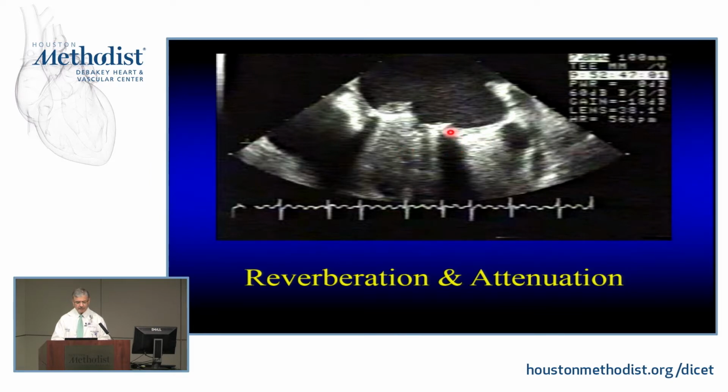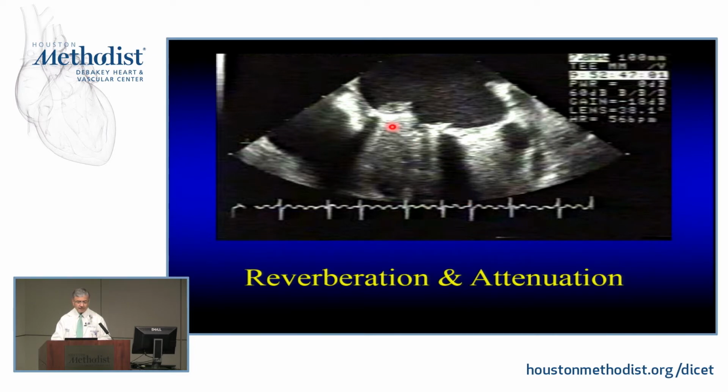Attenuation is when the reflection of this, and this is a prosthetic valve here with a thrombus on top of it, and this is where the suture line and the ring is. And if the reflection is incredibly strong, right, it will reflect all the ultrasound, so nothing goes through, nothing is refracted. Remember, you have to depend on the refraction to see beyond it. If nothing is refracted, I'm not going to see anything. It's all black.